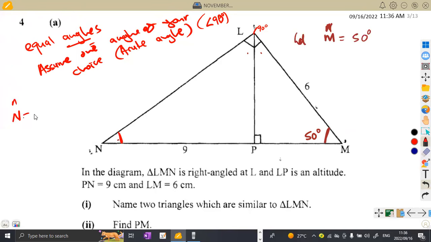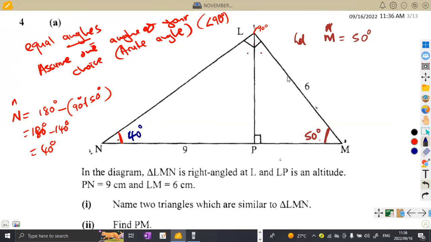So angle N is going to be 180 degrees minus these two angles that we are given, which is 90 plus 50, so 140. So 180 minus 140 degrees is 40 degrees. So I now have the angle at N here, which is 40 degrees. You see, from one angle, you can fill the whole diagram.